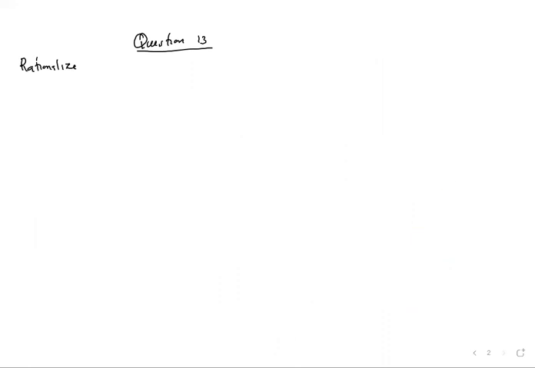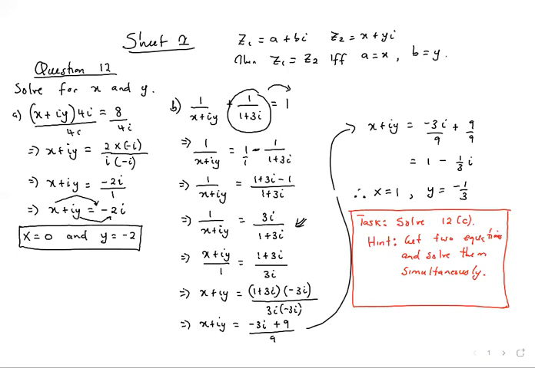Okay. And now on question 13, rationalize. Switching the denominators is just helping you to avoid cross multiplications. When we said switch, we had 1 over x plus iy is equal to 3i over 1 plus 3i.